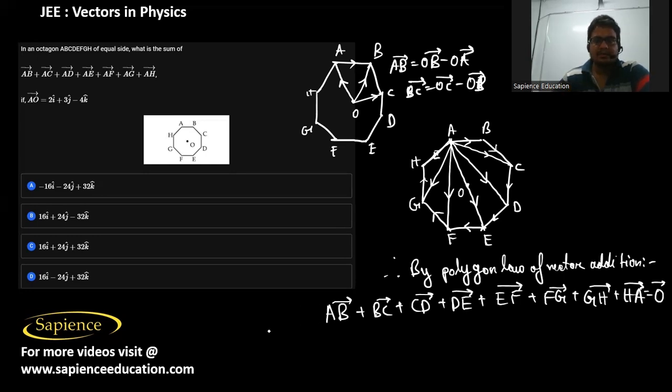So now AC vector will be obviously equal to AB vector plus BC vector.